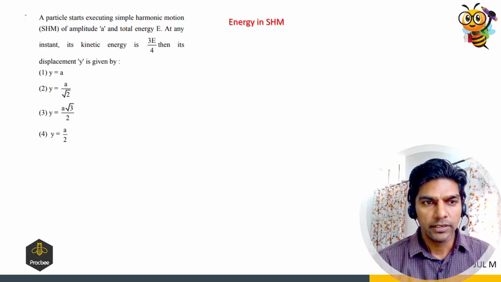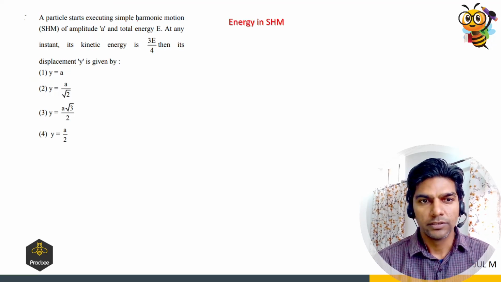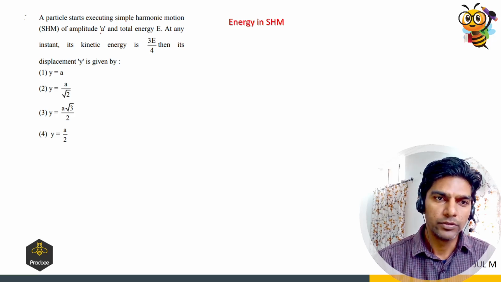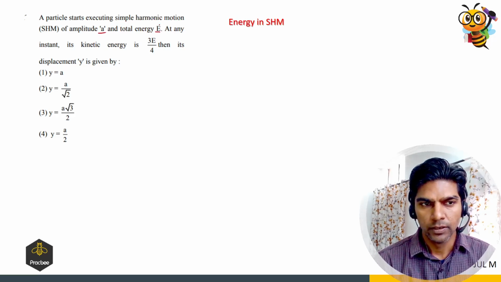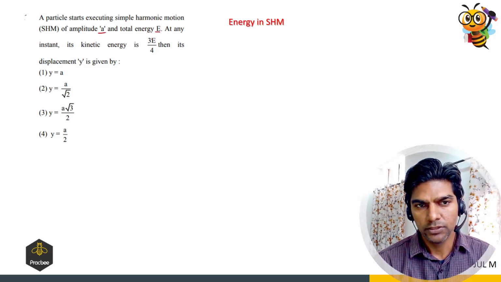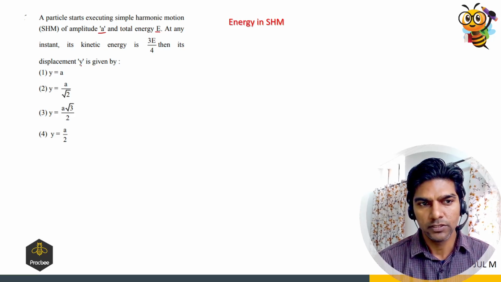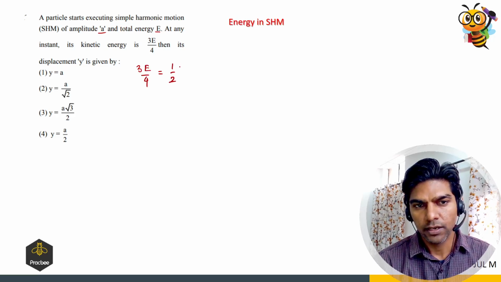Okay, let's see the next question. A particle starts executing simple harmonic motion of amplitude A, total energy E. At any instant, its kinetic energy is 3E by 4. Then its displacement y is given as. So we have given kinetic energy 3E by 4, and we know that the kinetic energy is half k (A square minus y square), right?